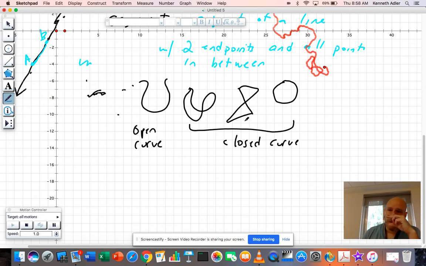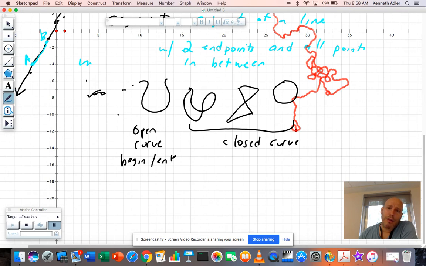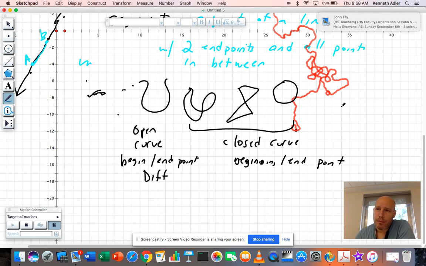What's the difference? Well, we're back to paths. Oh, there's our path. The idea is that the beginning and end point are different, and in the closed curves, the beginning and end point are the same.